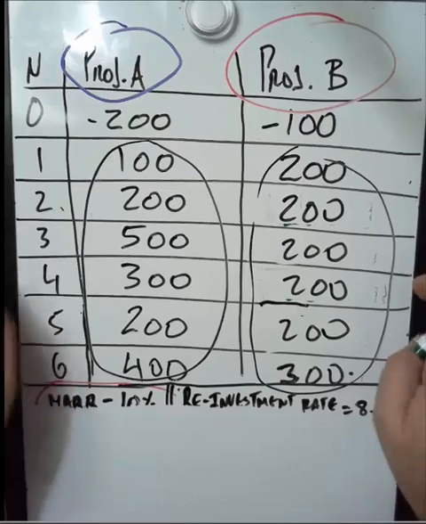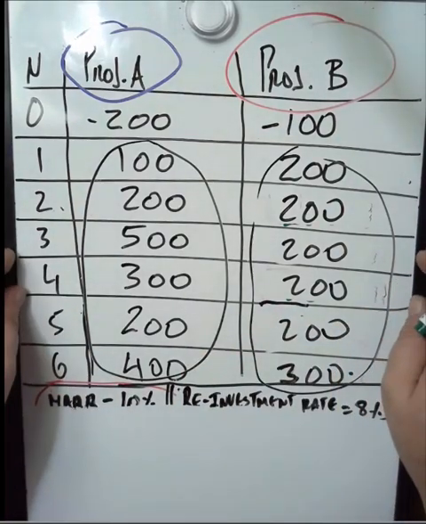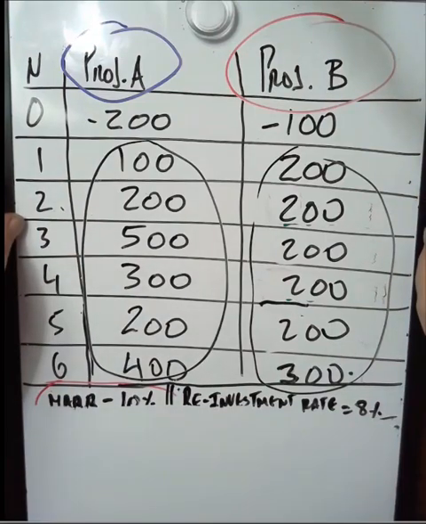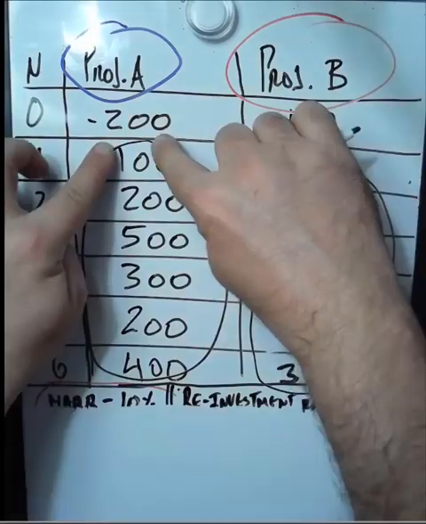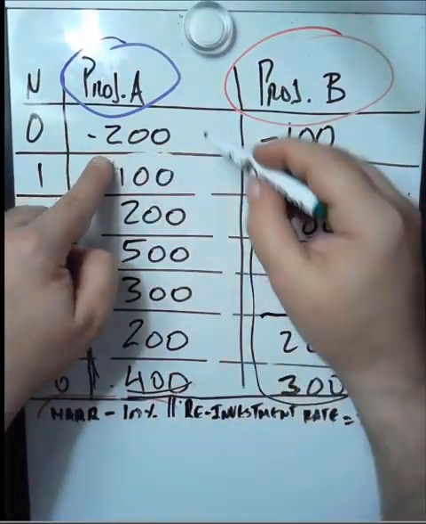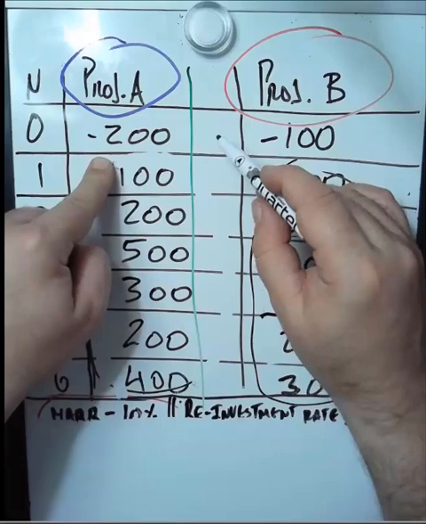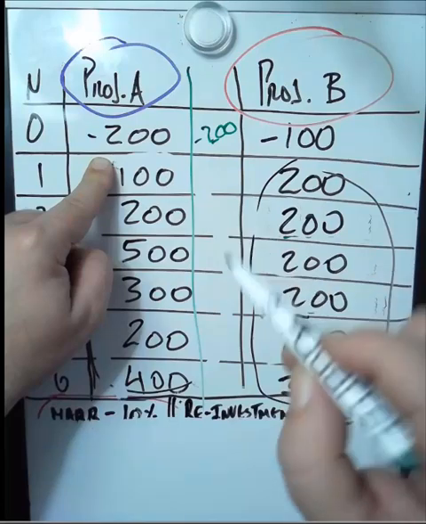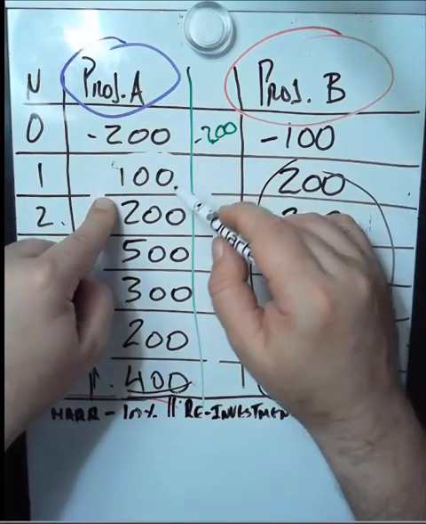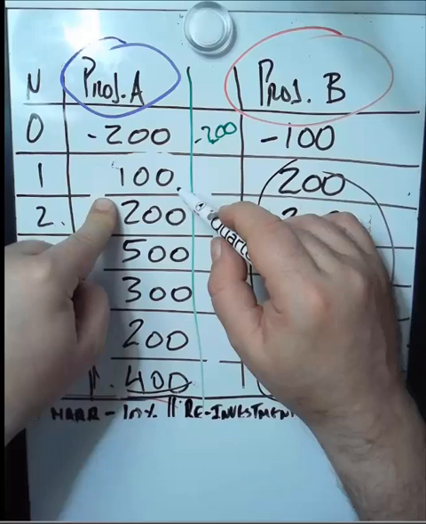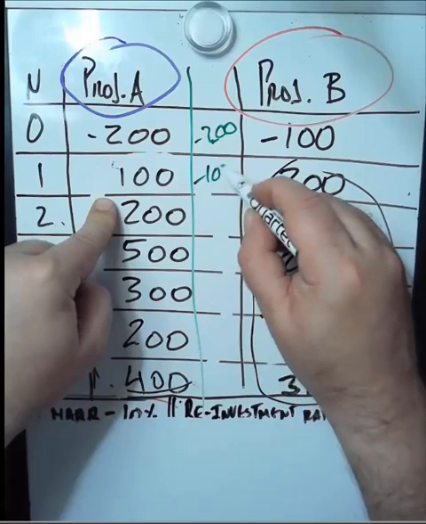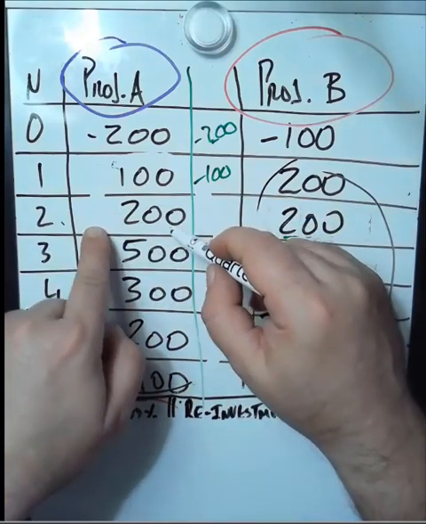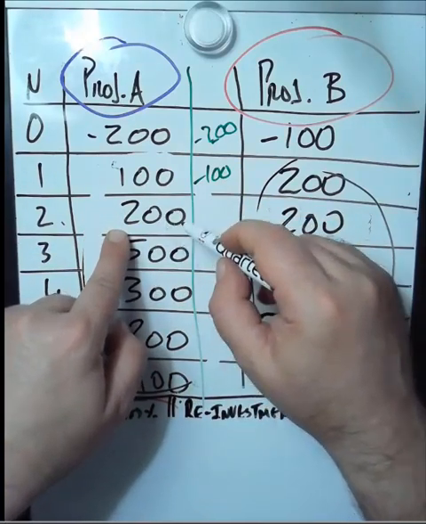So the issue is, ignoring the time value of money, how long would it take you to recover your initial investment? So look, for example, for project A, we invest 200, right? Let's put here how much we are left to recover. So at time 0, we invested 200, right? A year later, we get a positive cash flow of 100, which means we now just have 100 to recover. And then the second year we would receive 200, but we don't need all that to break even.